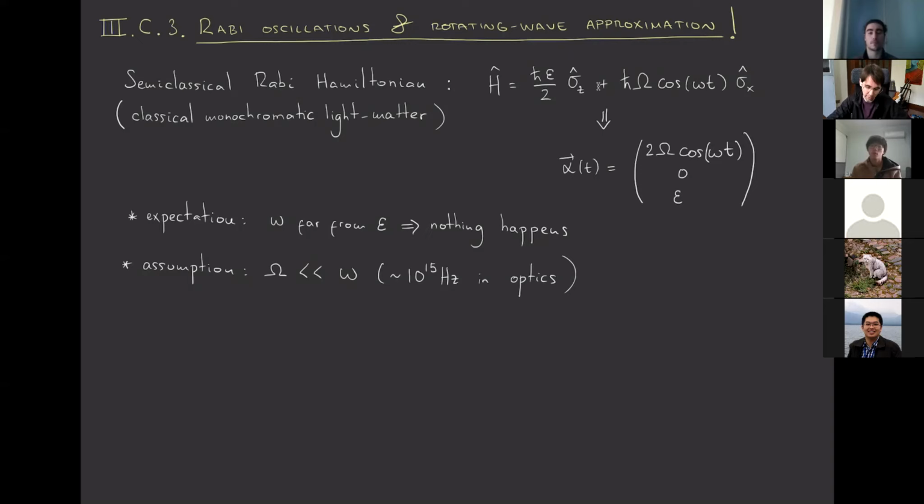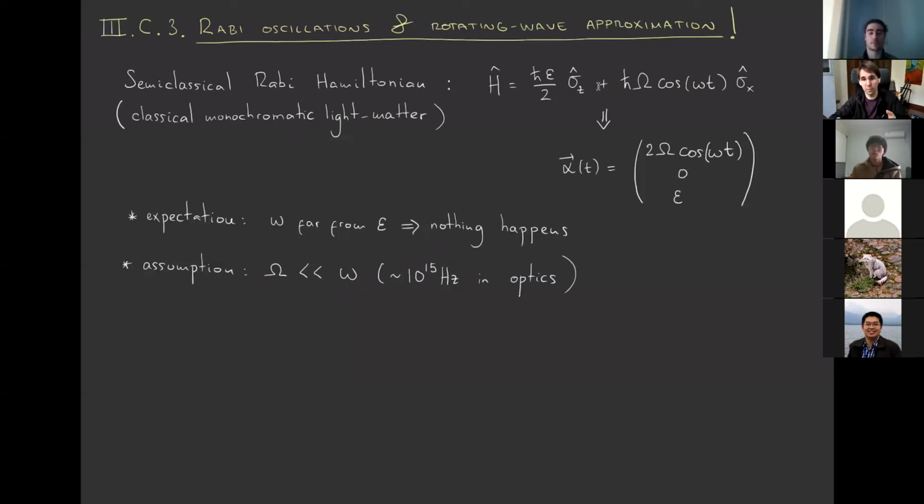And the electric fields that would be required to reach frequencies on the order of 10^15 hertz, which is the optical frequencies, are incredibly large. They are just too large. You would break the sample before you actually are capable of studying the interaction between light and matter.